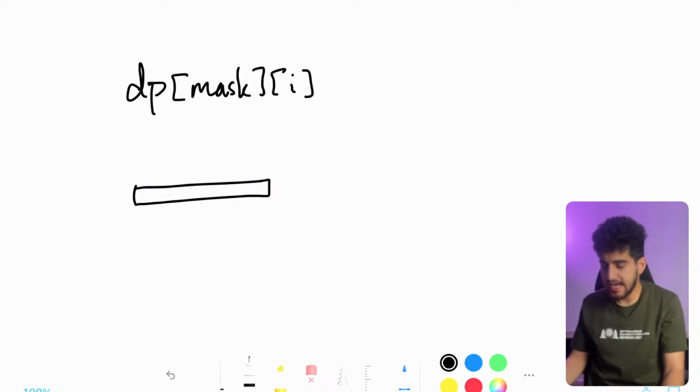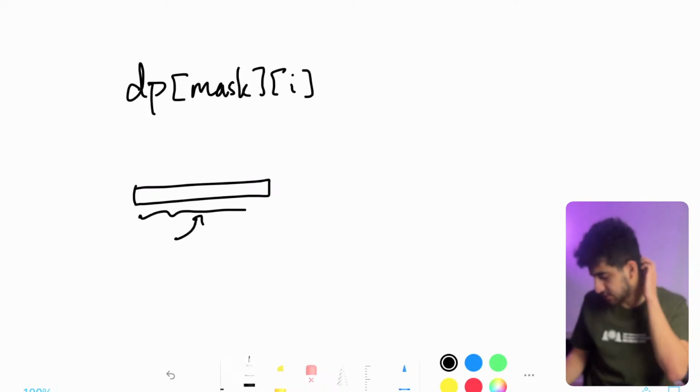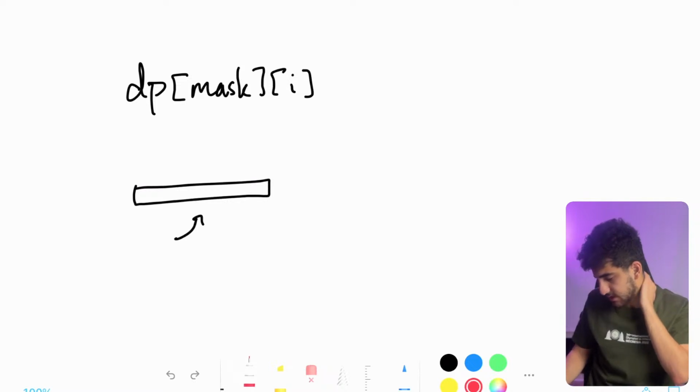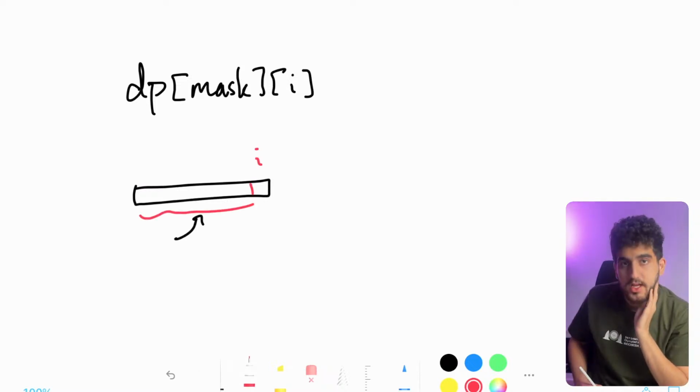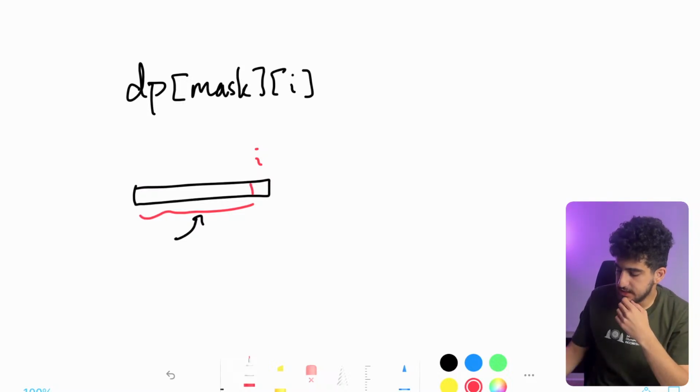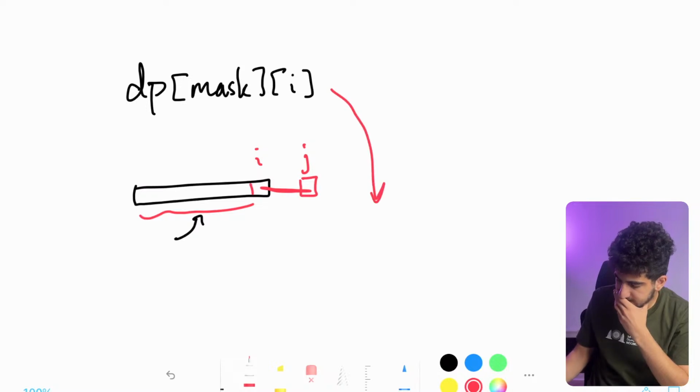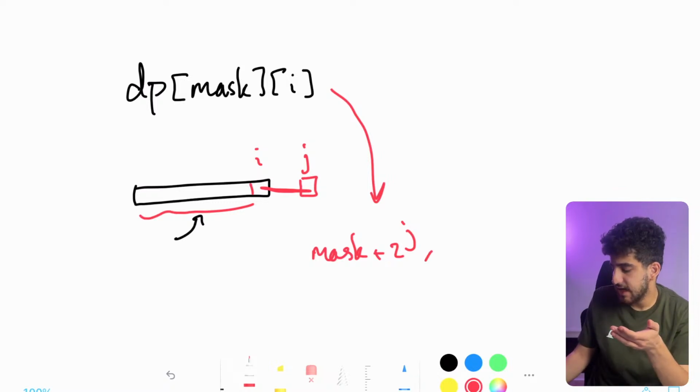So far, I have these songs in my playlist, this prefix, and the last one of them is song number I. Now I'm adding another song to the end of my playlist, like song number J. Song number J must be okay with song number I. If it is, I can have a transition from dp of mask and I to dp of mask plus 2 to the power of J and J, which means that I'm adding J to my playlist as well.